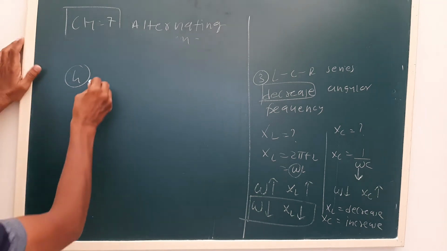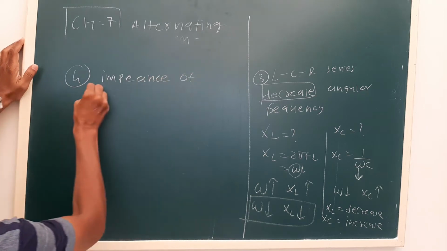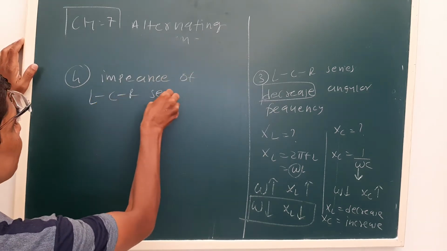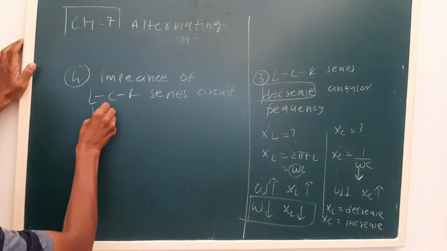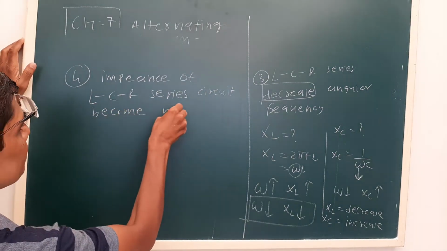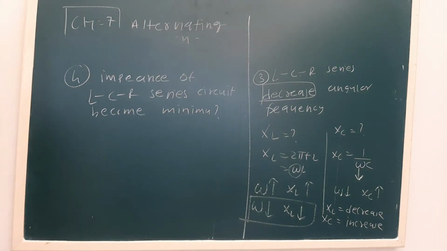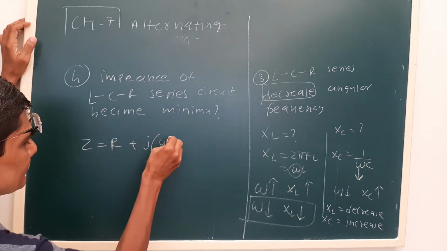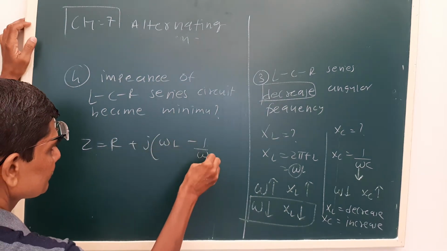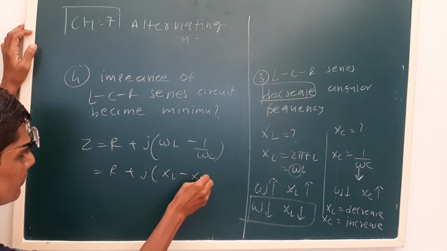When does the impedance of an LCR series circuit become minimum? Now see, the LCR series circuit impedance is given as Z is equal to R plus j(XL minus XC).